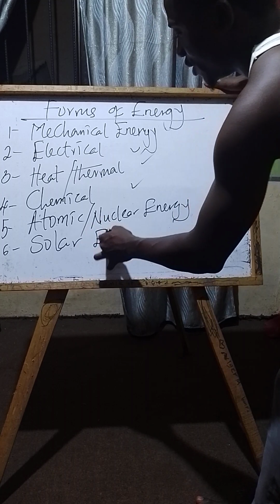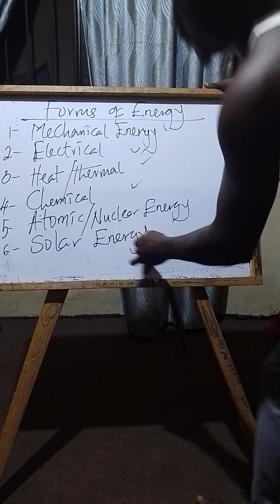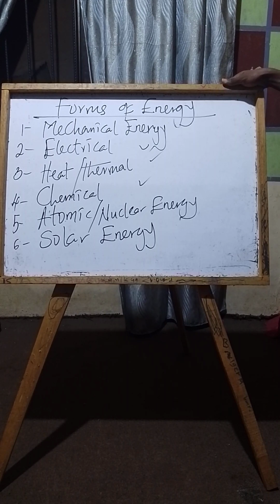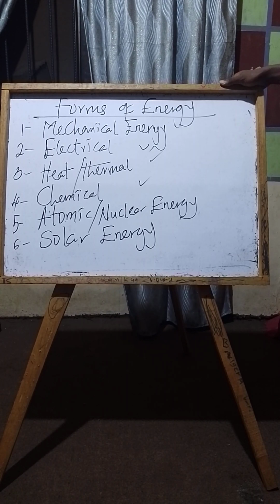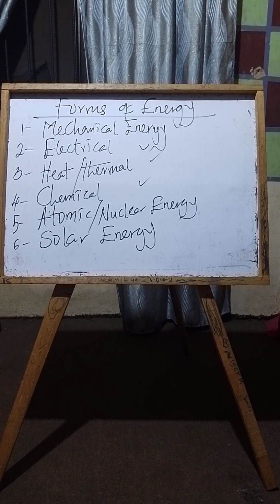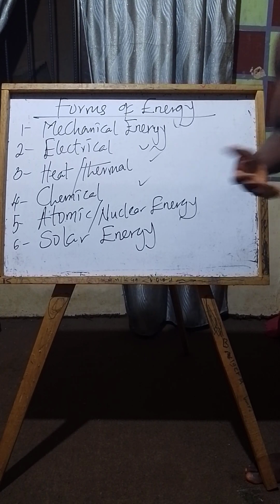Solar energy. Energy from the sun. Is there any other one we have not mentioned? Since I mentioned almost all, if there's any other one we have not mentioned, you can find them, and please let us know in the comment section.